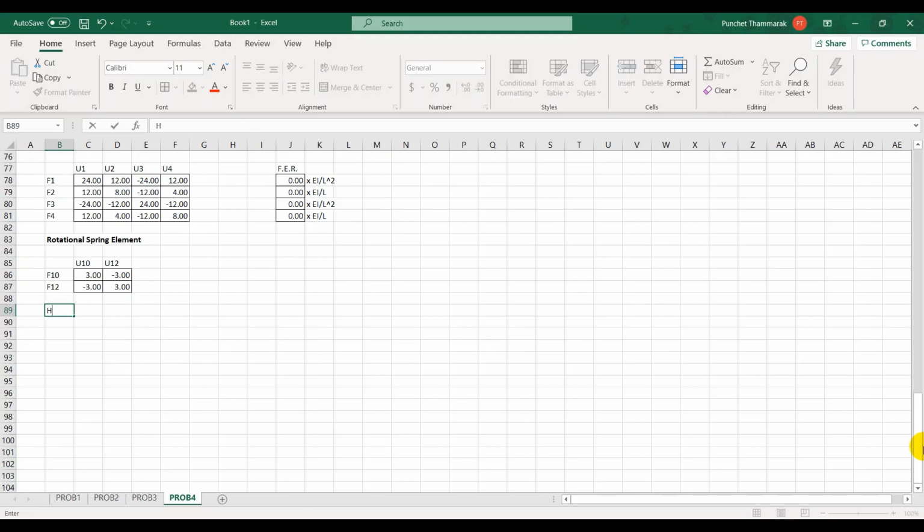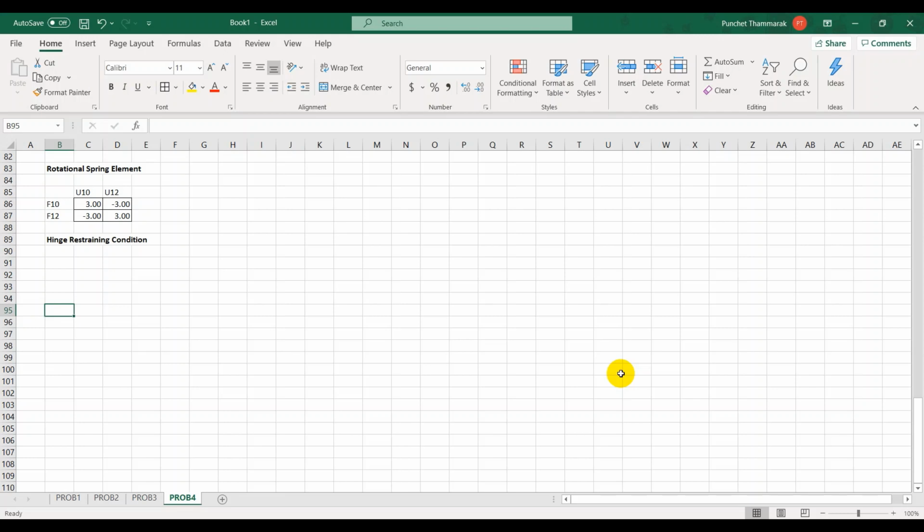Over here I will talk about the hinge restraining condition. I'm gonna leave the space here first. Restraining. And then the system of equations that we have, it's gonna be 19.